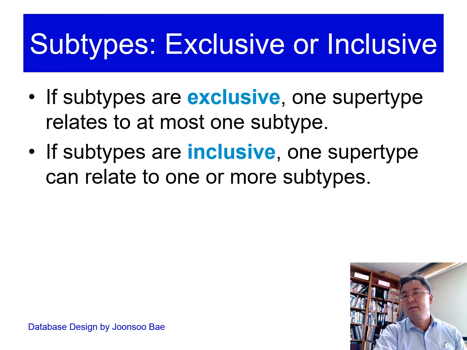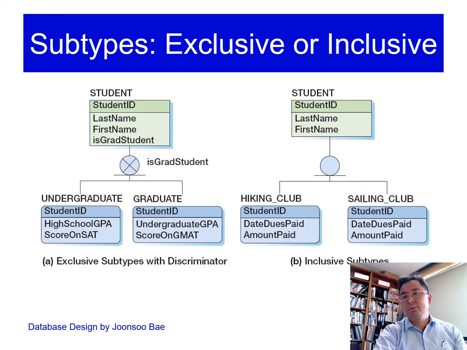Also, this subtype entity has two types. One is exclusive and the other is inclusive. Exclusive means one supertype is related to at most one subtype. And inclusive means one supertype can relate to one or more subtypes. So they are different. To represent exclusive, we use this X symbol.